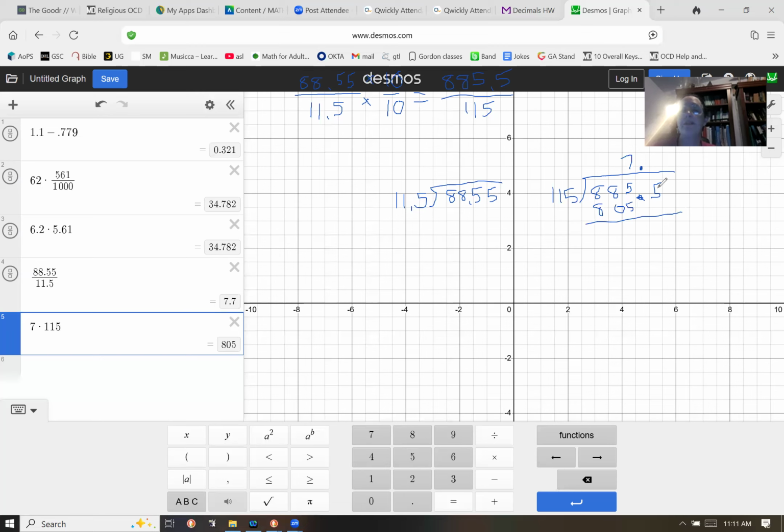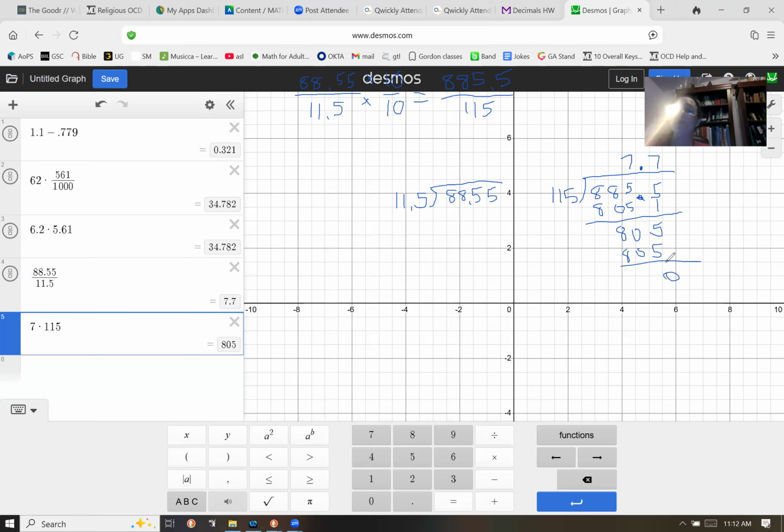Then you brought down this 5 and did the subtraction. 5 minus 5 is 0. 8 minus 0 is 8. 8 minus 8 is 0. Then you asked how many times 115 goes into 805. The answer was 7. 7 times 115 is 805. Then you subtracted, and there was no remainder.